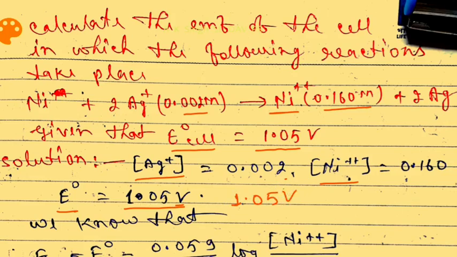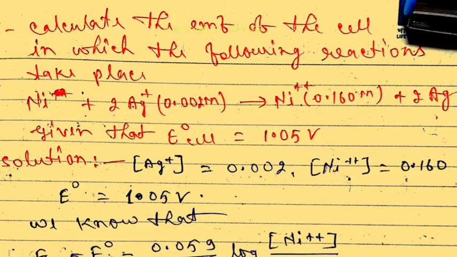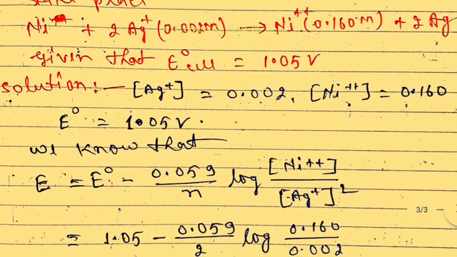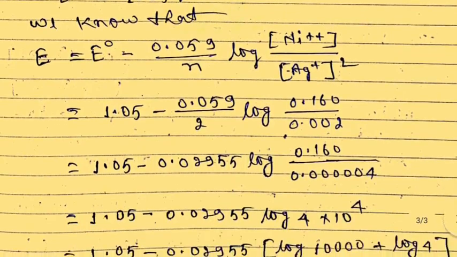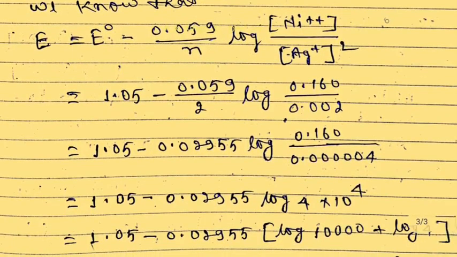Now we know that E is equal to E naught minus 0.059 by n log Ni2+ by Ag+ square.